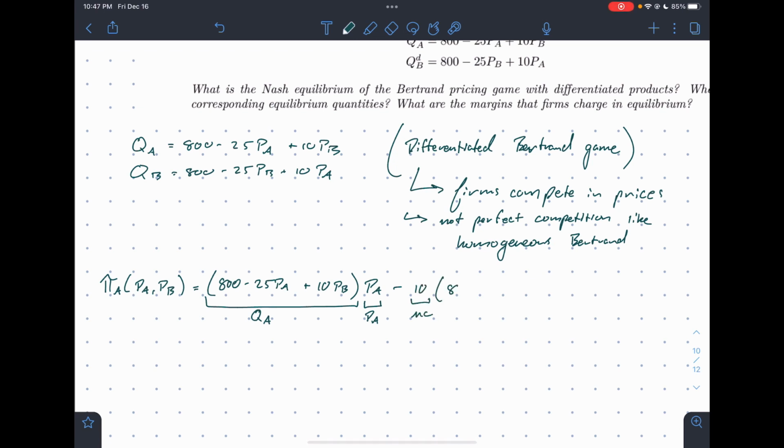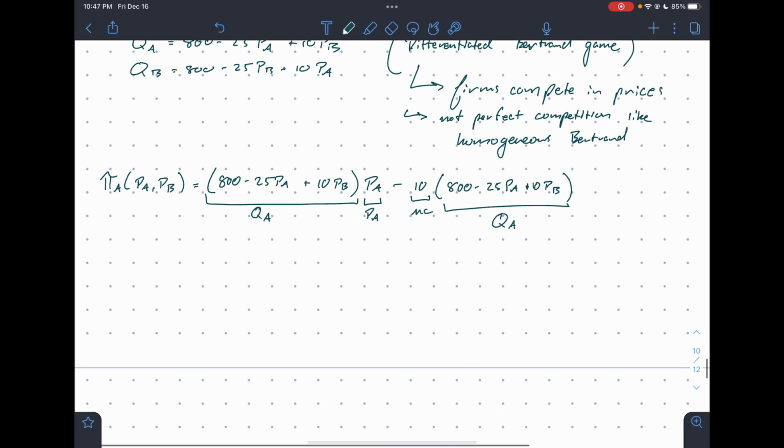So it's going to be, again, 800 minus 25 PA plus 10 PB. So this is QA.